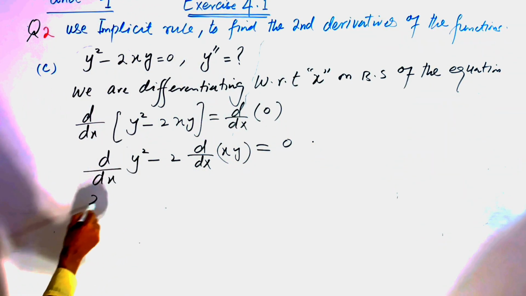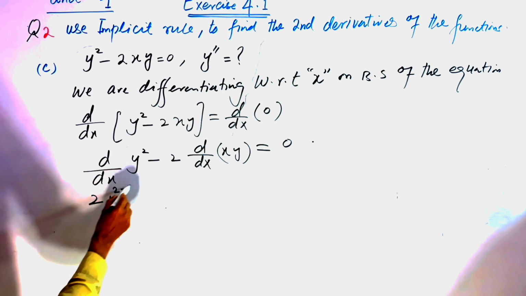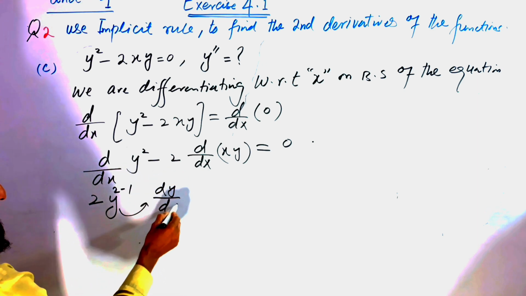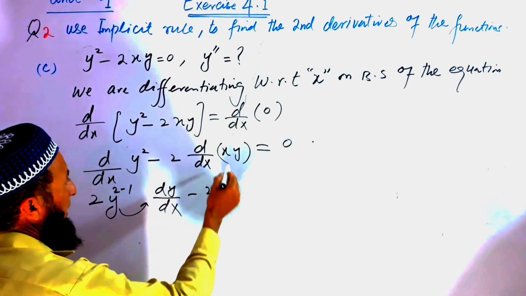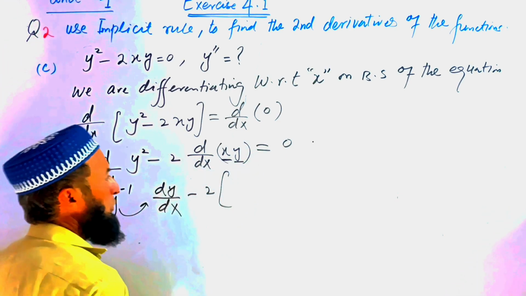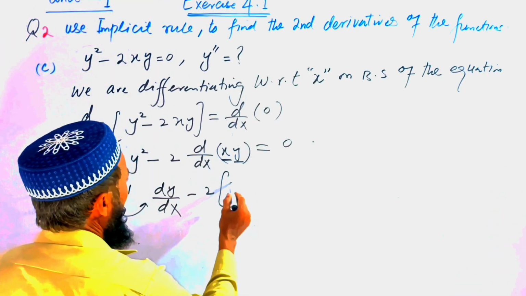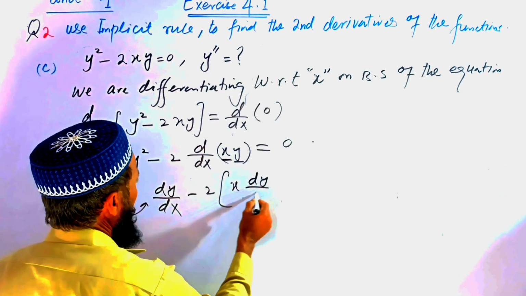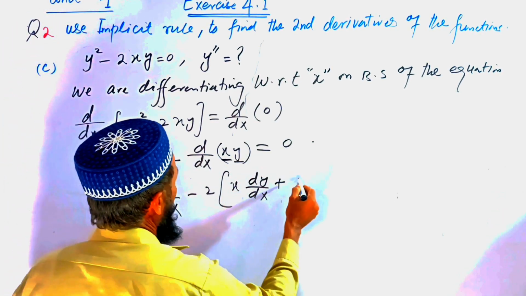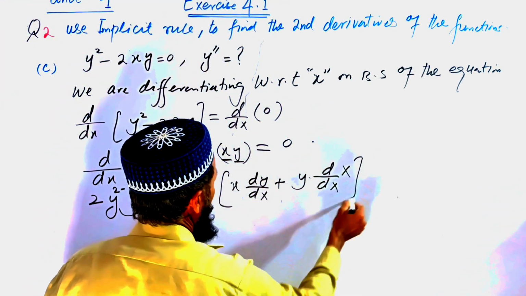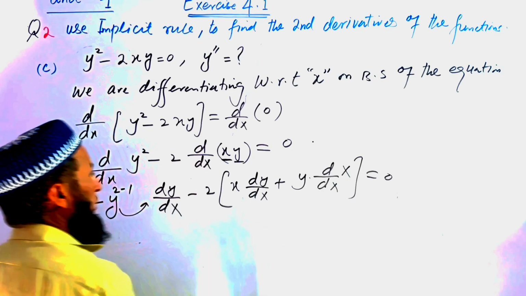Now we use the power rule on y square, giving 2y dy by dx, minus 2, and here we use the product rule u dot v: x times dy by dx plus y times the derivative of x, which is 1, is equal to 0.